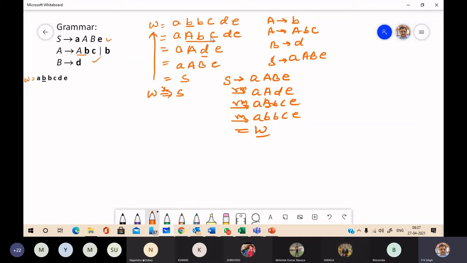So if you see the bottom-up parsing, these productions are called handles.